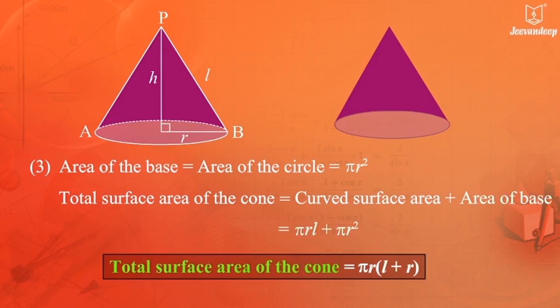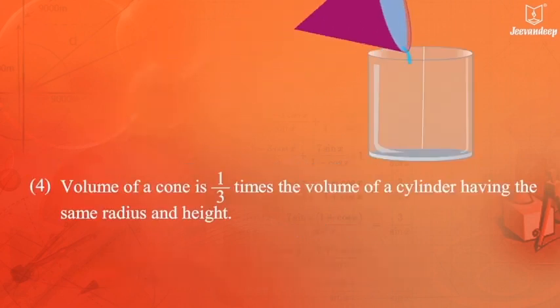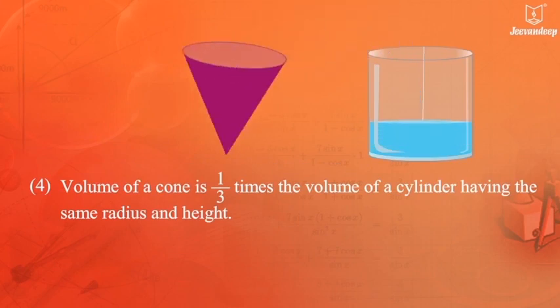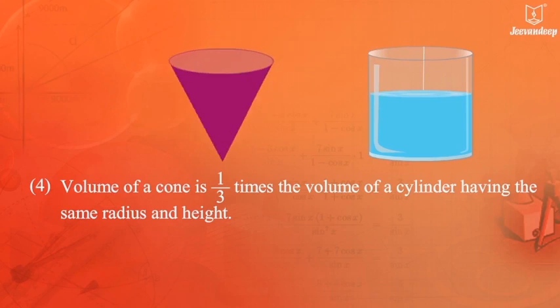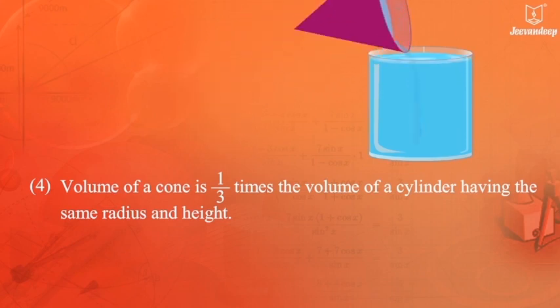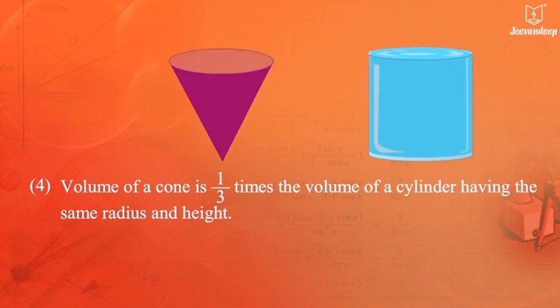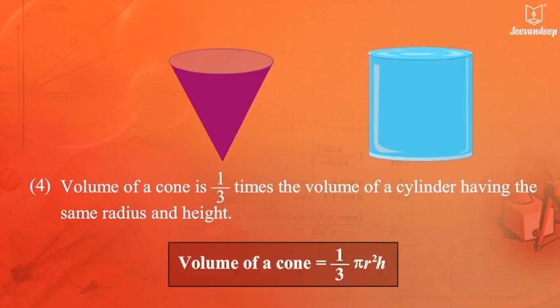Total surface area of the cone equals pi r (L plus r). 4. Volume of a cone is 1 by 3 times the volume of a cylinder having the same radius and height. Therefore, volume of a cone is given by 1 upon 3 pi r square h.